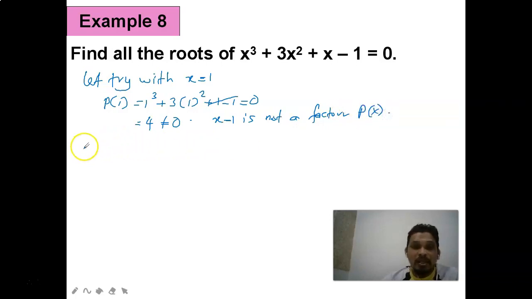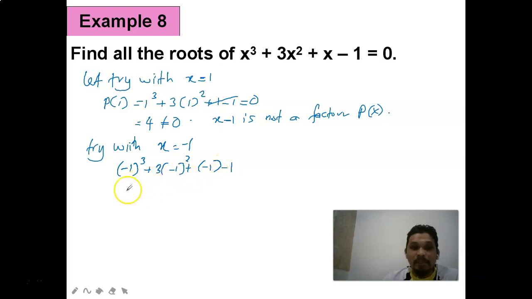Okay, so let's try with x equal to negative 1. So negative 1 cubed plus 3 times negative 1 squared plus negative 1 minus 1. Okay, negative 1 cubed equal to negative 1. Negative 1 squared equal to 1, times 3 equal to 3.